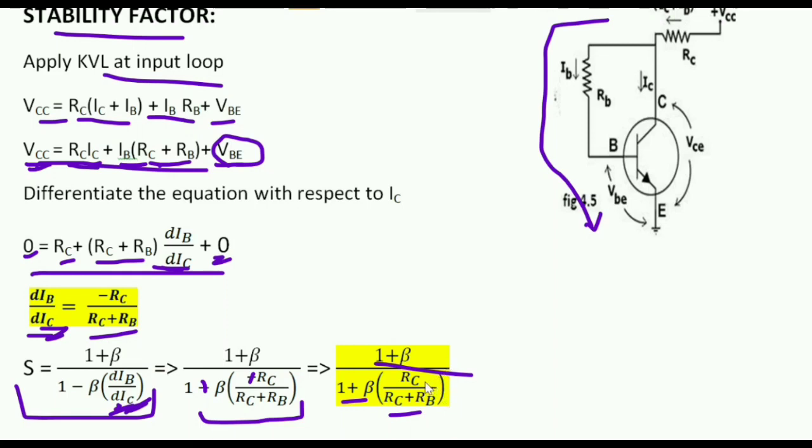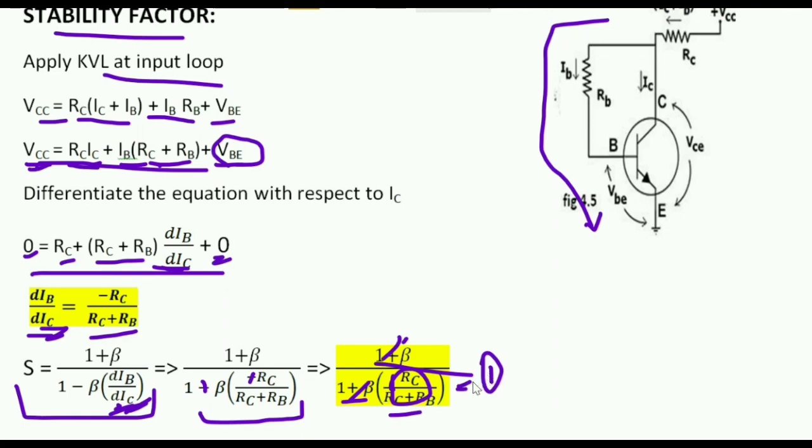If this RC by RC plus RB value is closer to 1, then the value of the stability factor will be close to 1. As this is 1, these two will cancel, and if it is very near to 1, then the 1 plus beta value will be maintained near to 1 or greater than 1.